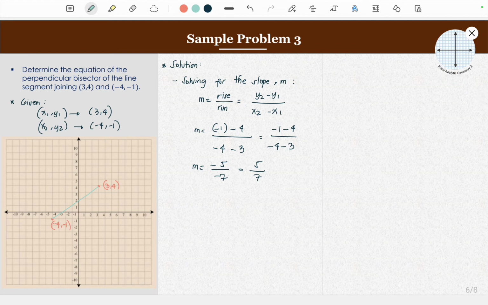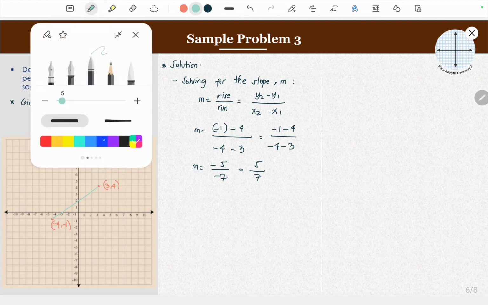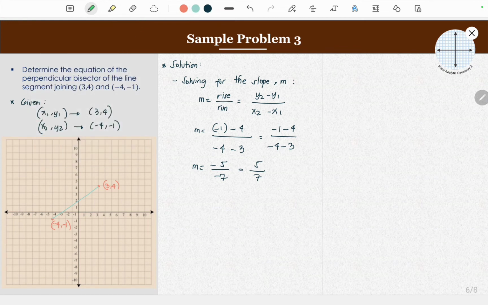Okay. So the perpendicular bisector is the line which divides this line segment into two equal parts. Okay? So since it is perpendicular, therefore, it makes a 90-degree angle with the line segment. So let's try to draw this perpendicular bisector.